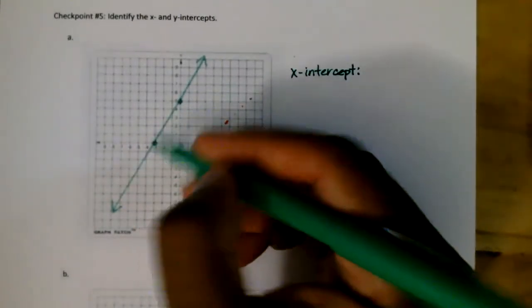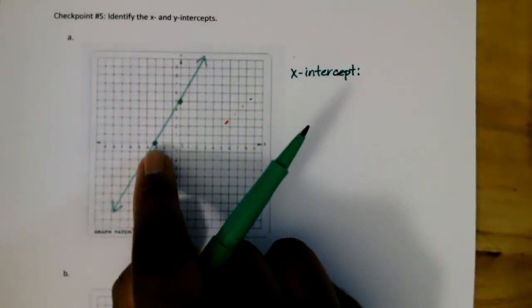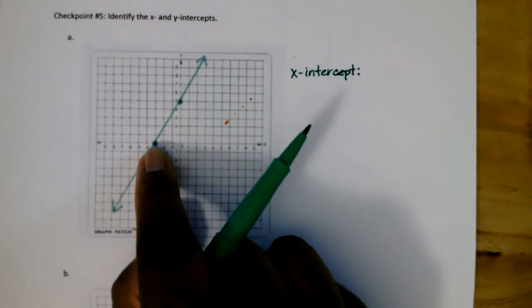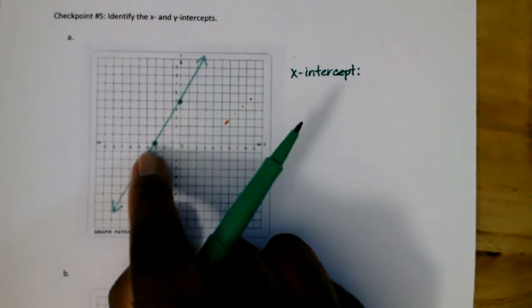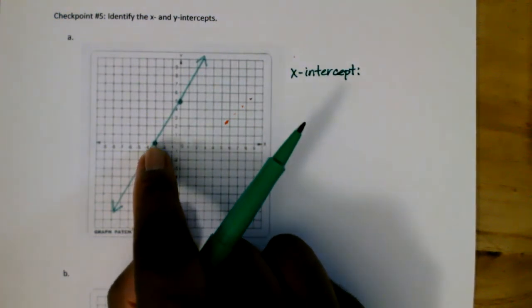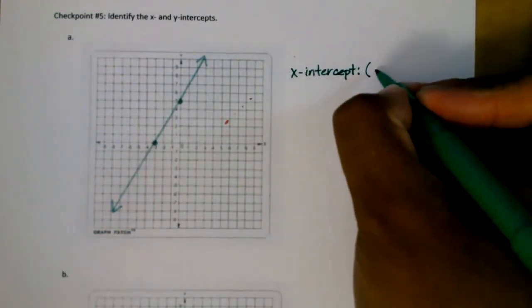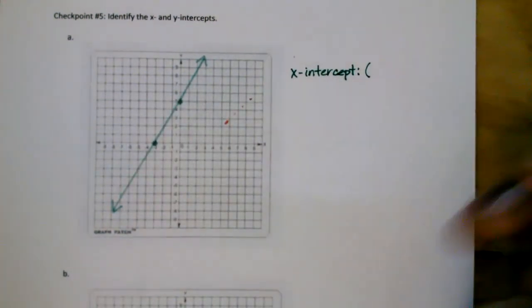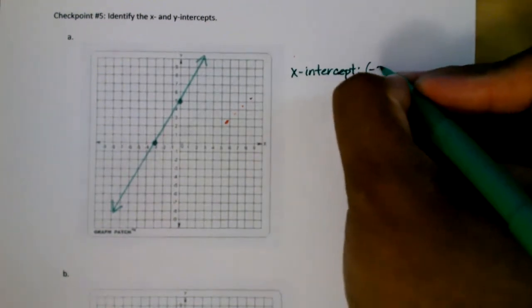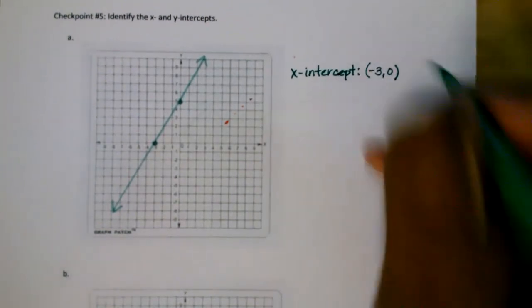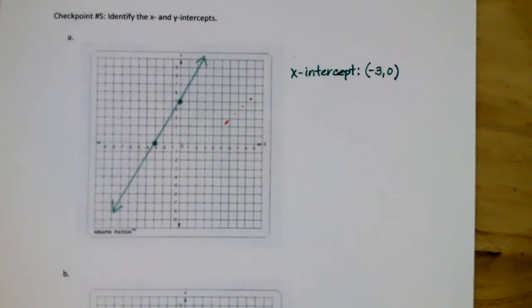Well, this line is crossing the x-axis at this point. Now that x-coordinate there is -3. And of course, it's on the x-axis, so that means the ordered pair for my x-intercept would be -3, 0. That's usually how we write the x-intercept, as an ordered pair.